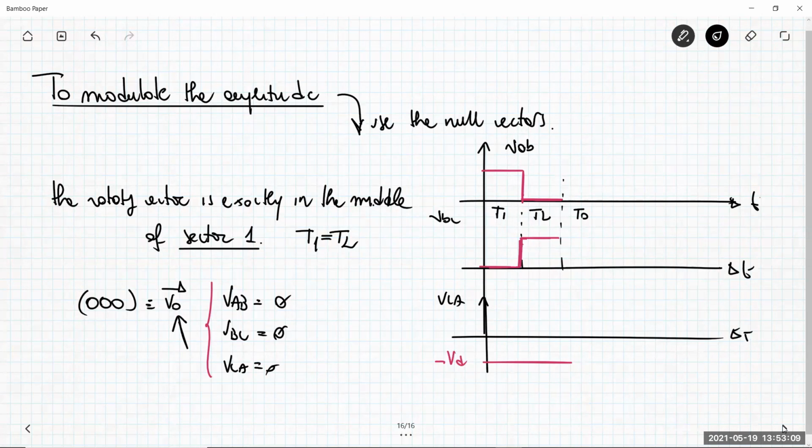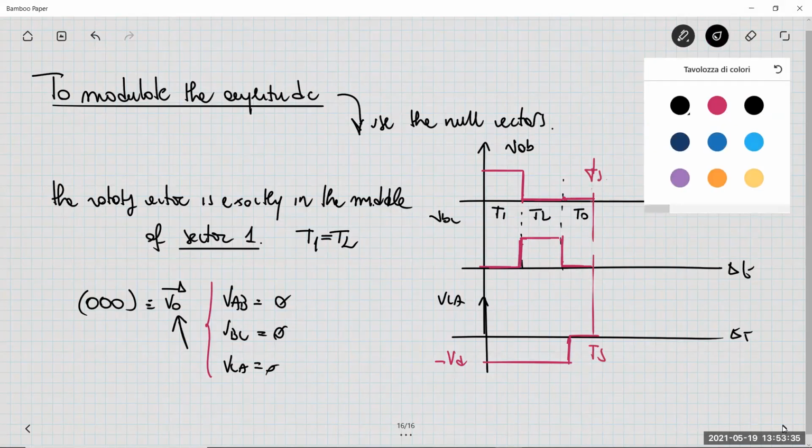So I can use this feature to minimize the dynamic switching. Okay, I get 0 here. The width of T0 depends on the amplitude I want to synthesize. Okay, so I get 0 here, and I get 0 here. Now this is TS. Okay, TS is here.